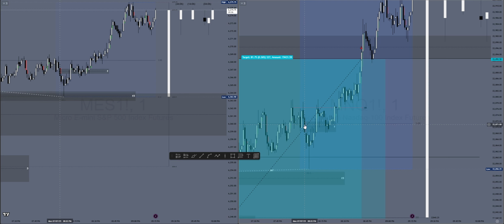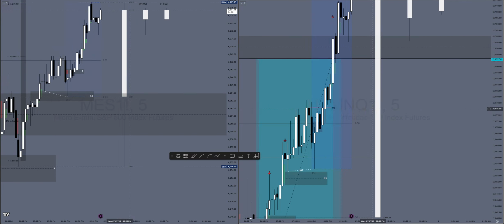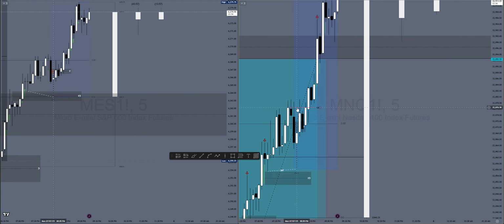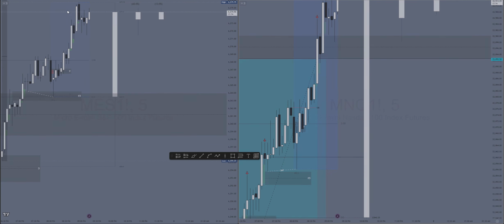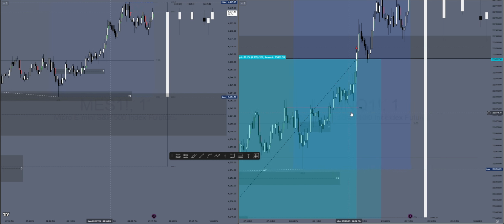You guys could have entered off of this 1 minute inversion fair value gap or waited for our 5 minute order block, which will be right here, and then scale down.